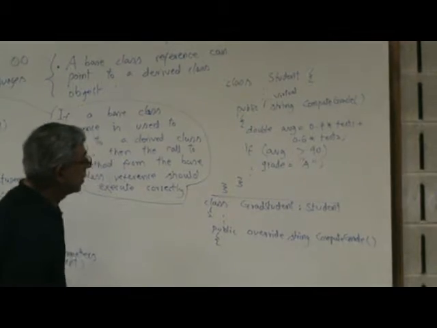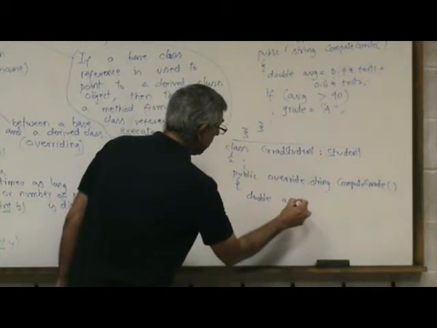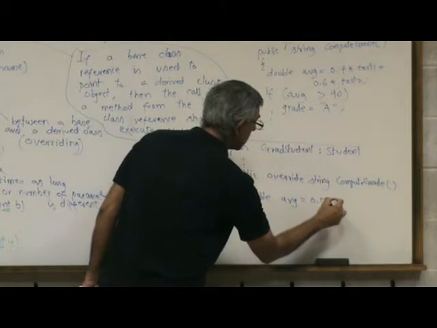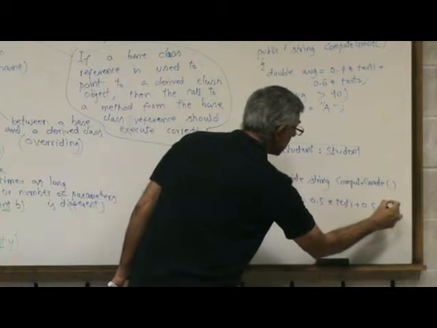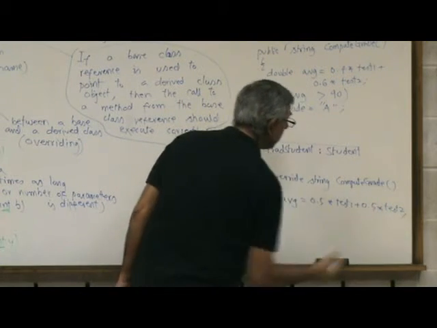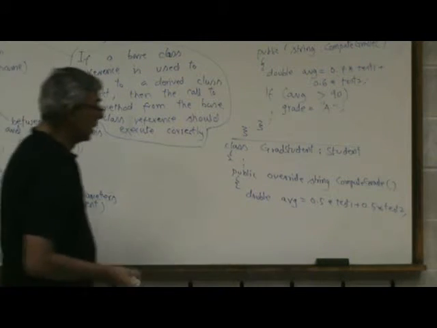Okay, so now suppose our code was written as double AVG equal to 0.5 times test1 plus 0.5 times test2. So we are giving 50% of the weight to test1, 50% of the weight to test2, right?